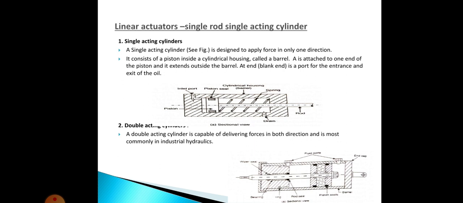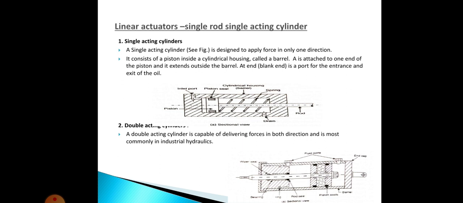A rod is attached to one end of the piston and extends outside the barrel. At the other end is a port for entrance and exit of the oil. The rod and piston move in one direction; in the schematic diagram you can see the rod moves in one direction.